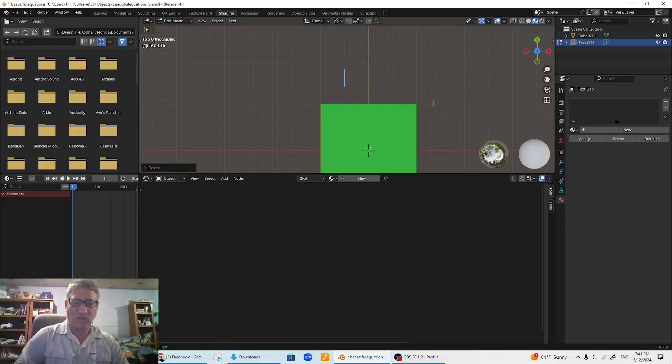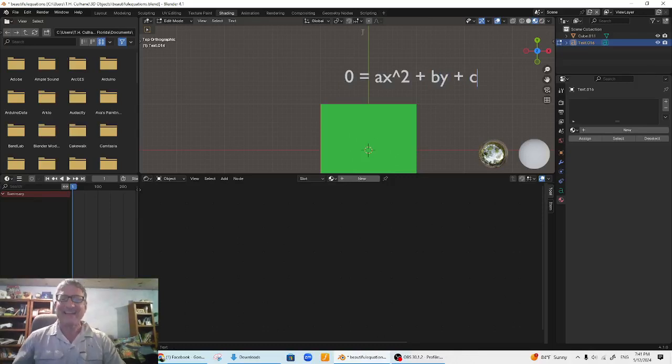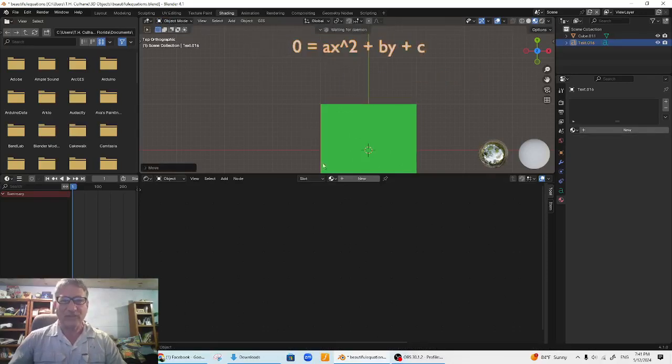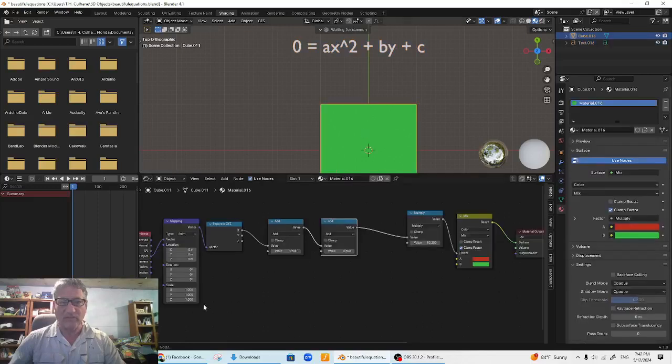I talked about it in my last video, it's 0 equals ax squared, so caret 2, plus by plus c. That's the general form of the quadratics that you're going to be working with. And that's what you basically set up when you're doing this in your nodes.